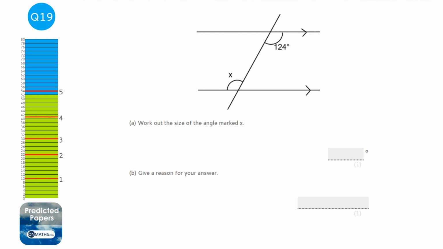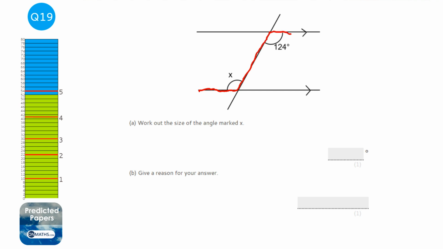So all you need to do is know the 3 rules or 4 rules of parallel lines. You need to know corresponding, alternate, interior or co-interior or allied or whatever you want to call them. And then normally you get vertically opposite angles within this topic as well. So which one is this? Well, what letter does it make?